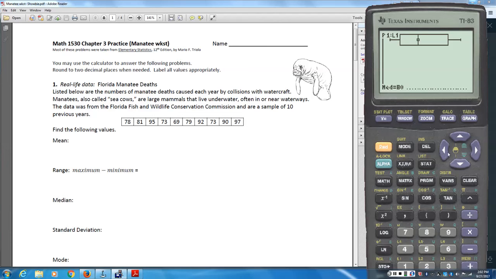So that's the point of that. That gives you markers for 25% of your data. The minimum was 69. So 69 manatee deaths was the smallest number that happened.